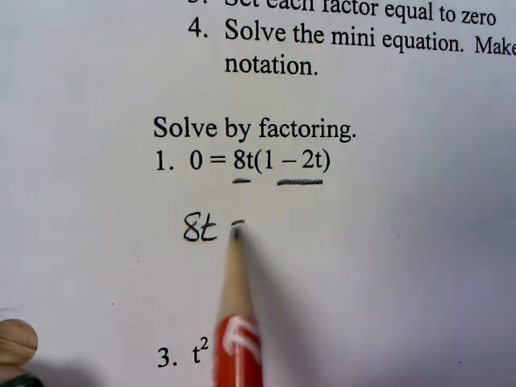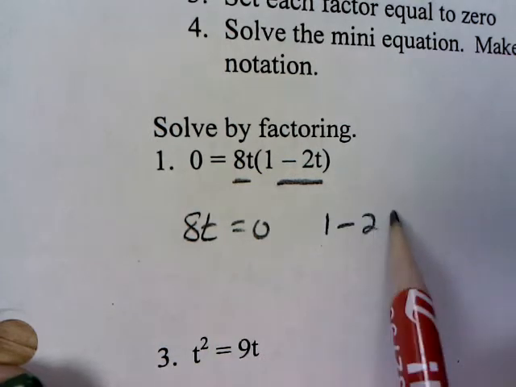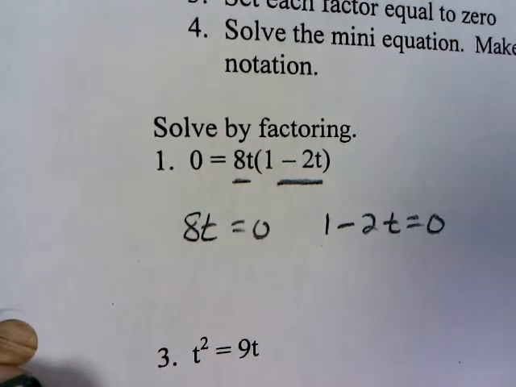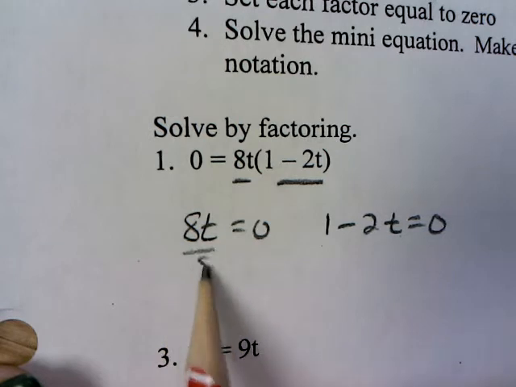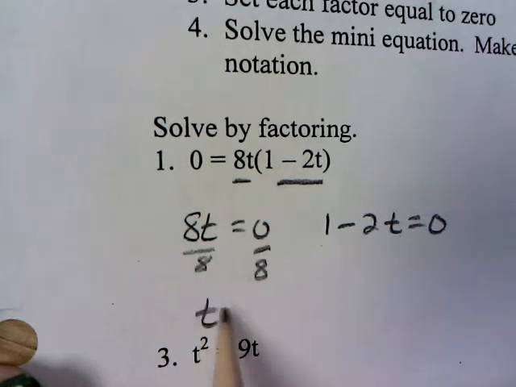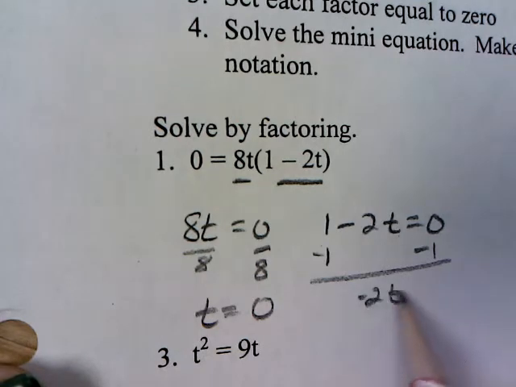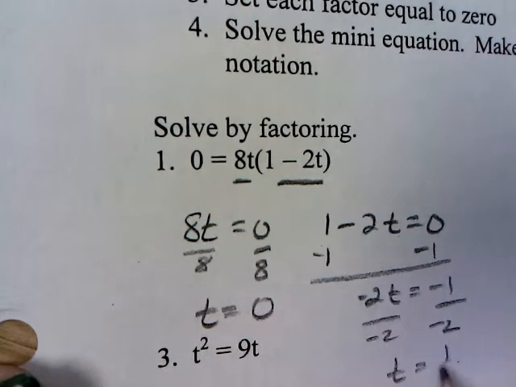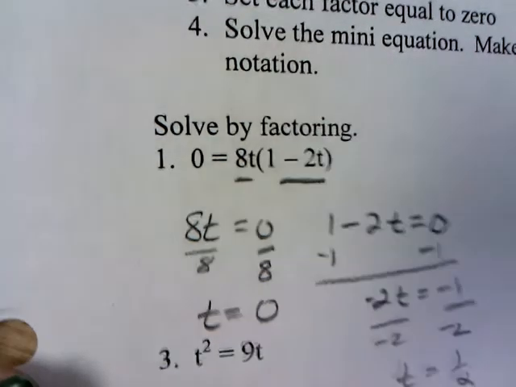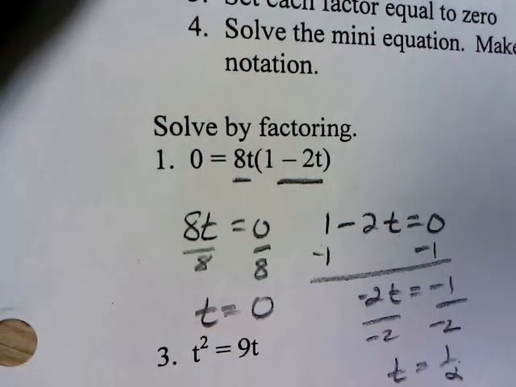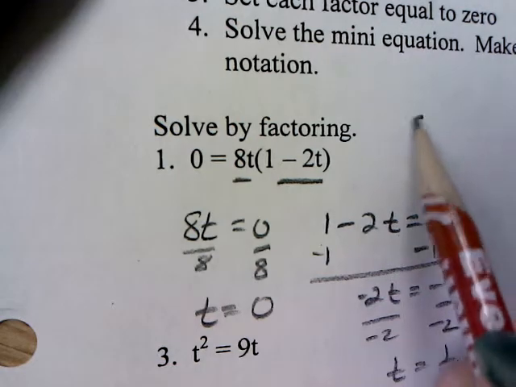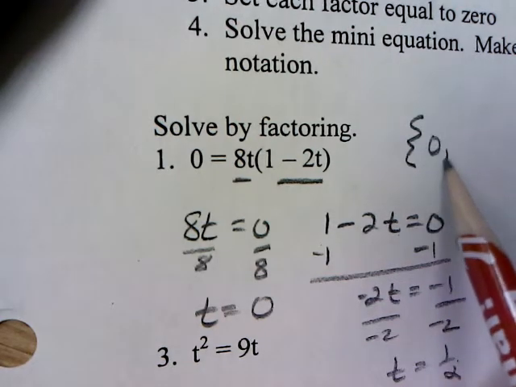So 8t equals 0, 1 minus 2t equals 0. Solve. I did my two solves. Now I have to come back and make sure I put my answer in set notation.